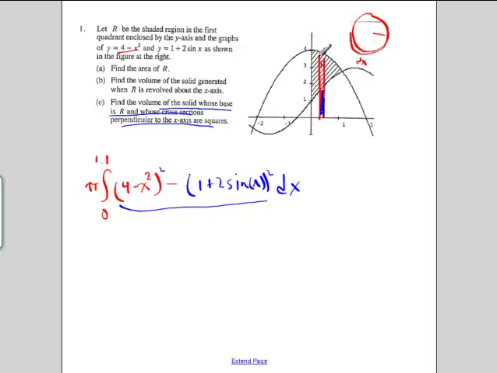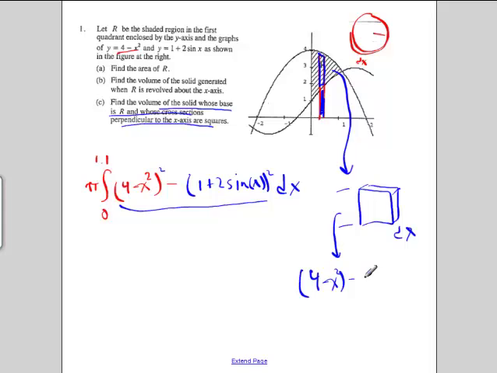So in that idea, if we were to take out this sliver and pull it out, what that would have is a rectangle, sorry, a square with little depth dx, and the height would be 4 minus x squared minus 1 plus 2 sine of x. So the area would be that squared.